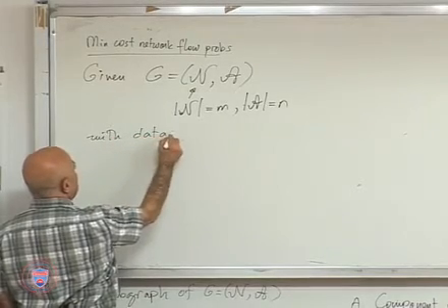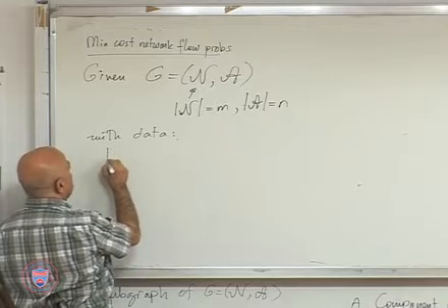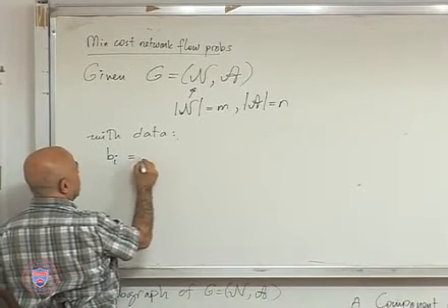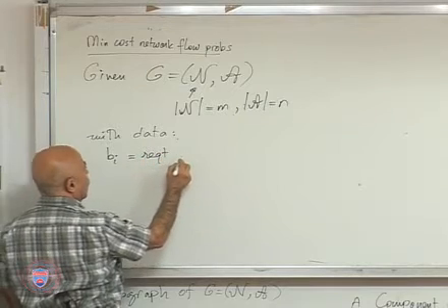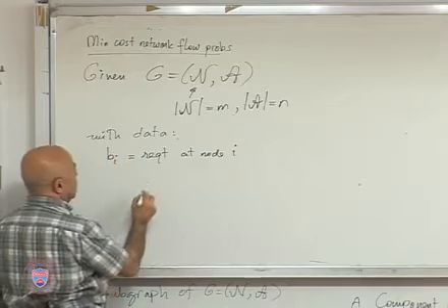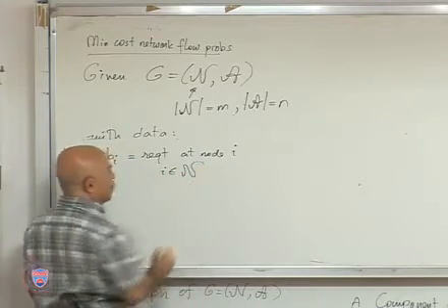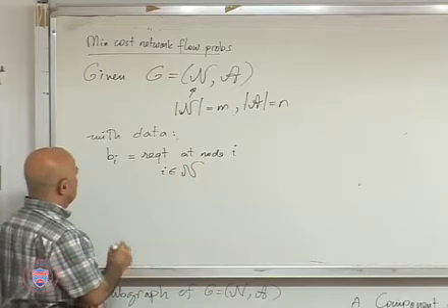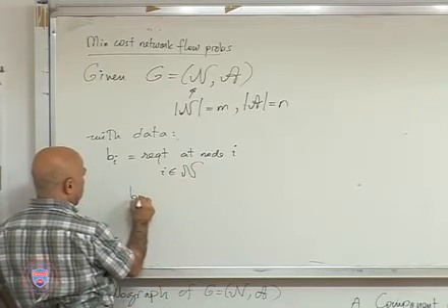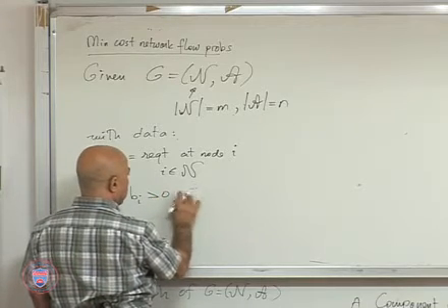With the following data. So we're talking about a network now. You have a number b_i, which is the so-called requirement at node i. This is given for each i in the node set. And if b_i is a positive number, then node i is a supply node.